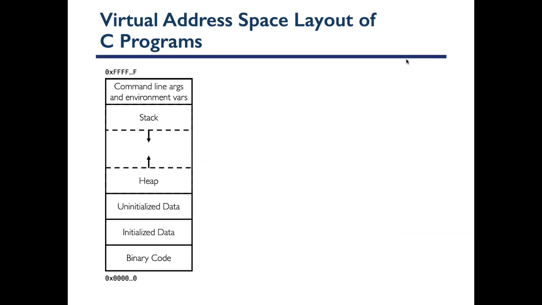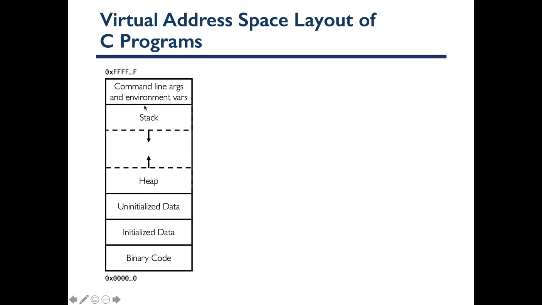Now let's look at the virtual address space layout of a C program. This is basically how it looks. From the bottom, you get the binary code. These are the instructions of the program. Then you have the initialized data. Then you have uninitialized data. And then your heap starts here and grows up as you dynamically allocate.